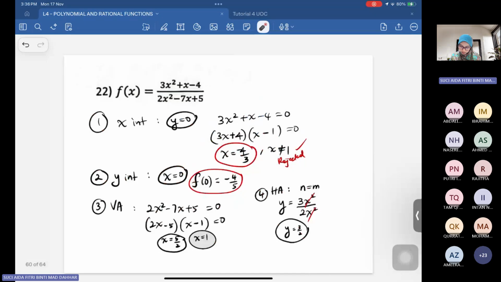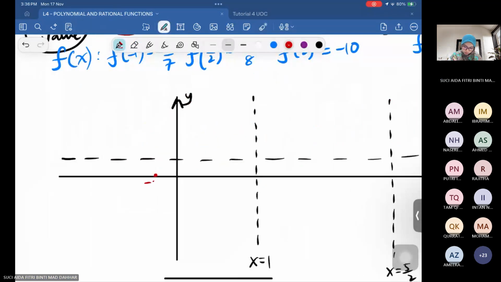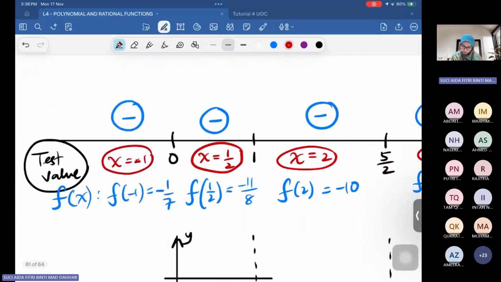It must cut x at negative 4/3. And it cuts y at negative 4/5.